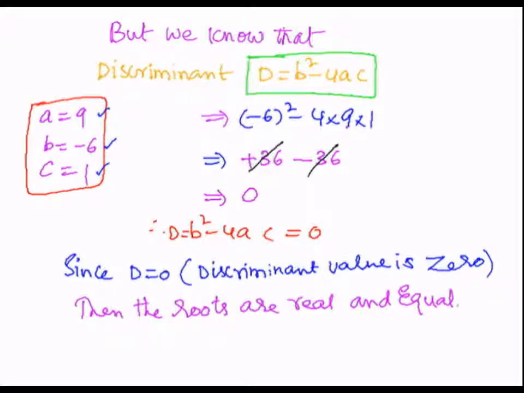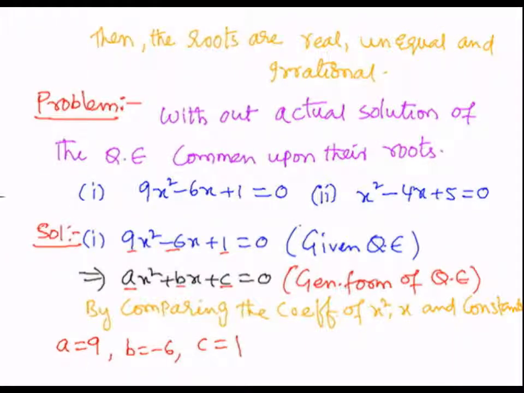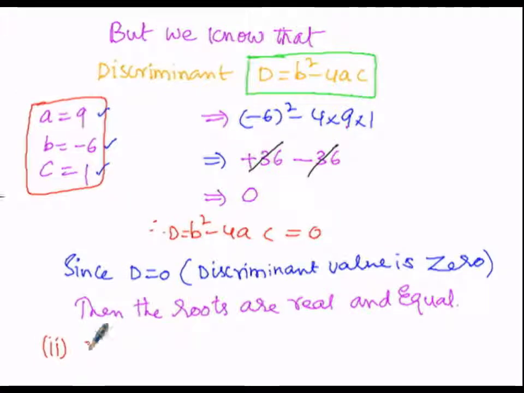Then now let us go for the second case, that is the second problem. We have to find out the discriminant value, that is b square minus 4ac, of the quadratic equation x square minus 4x plus 5 equals to 0. Second one is x square minus 4x plus 5 is equals to 0.